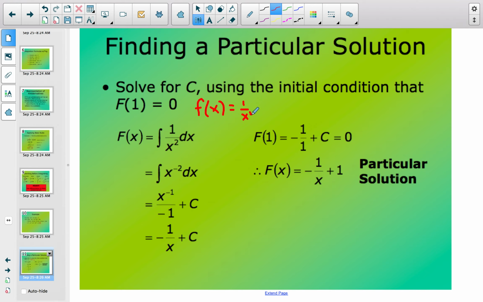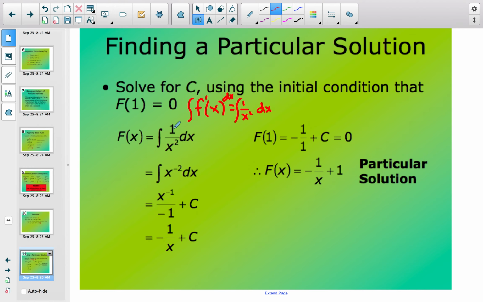And if we want to go back and we want to find a particular solution, maybe this is f prime, better yet. Then in order to find what f of x is distinctly, we integrate both sides right here with respect to x.